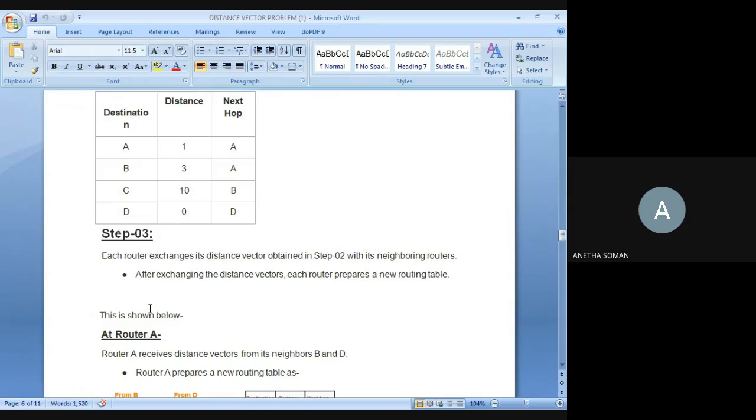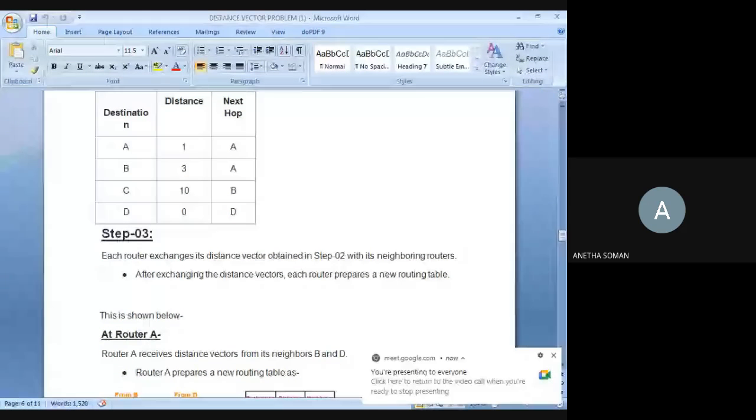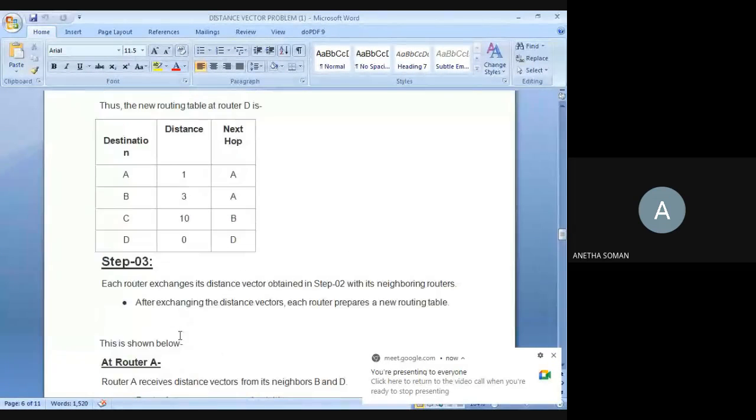Finished? Yes, okay. Now write down the routing table at router A. Who are the neighbors of router A?